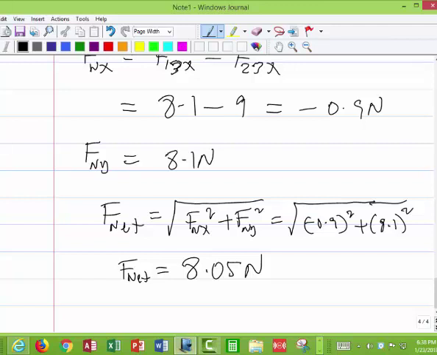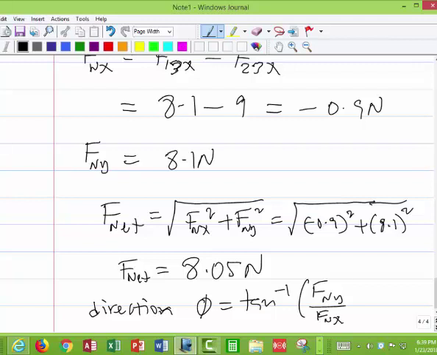And then we have the direction. So to get a direction, we take the direction to be phi, and this will be the tangent inverse of the y component divided by the x component. So let's say F net y over F net x like that.